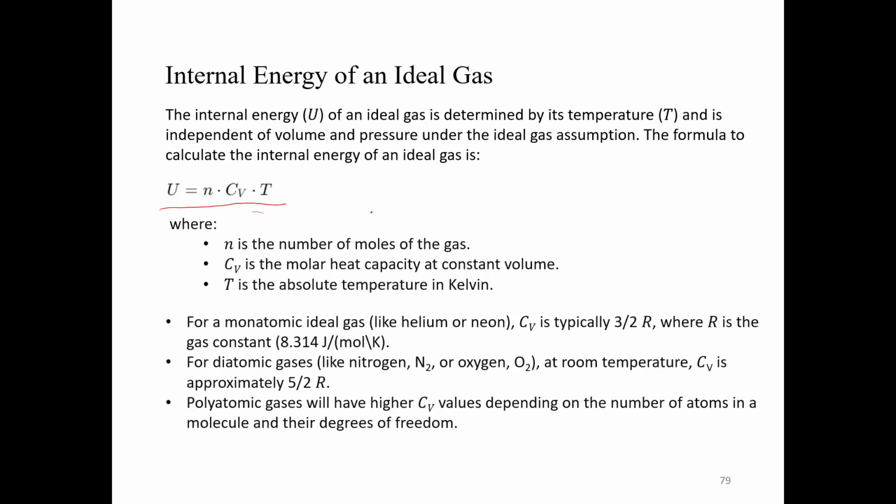For most monatomic ideal gases, that means containing only one atom, like helium and neon, Cv is normally taken as 3/2 R, where R is the gas constant. For diatomic gases like nitrogen and oxygen, Cv is taken as 5/2 R. Likewise, we can have different values for different gases.